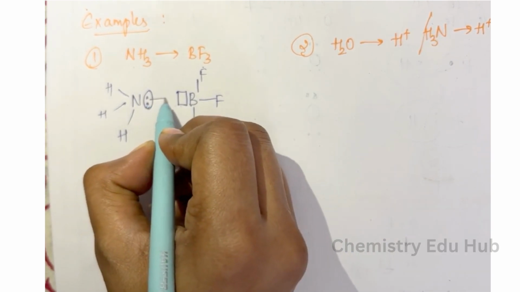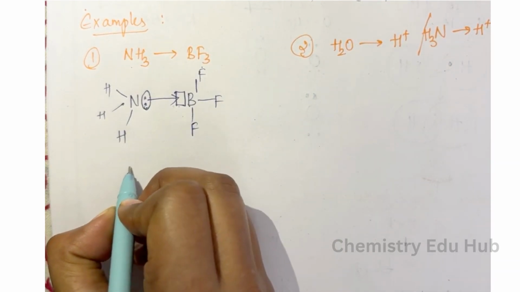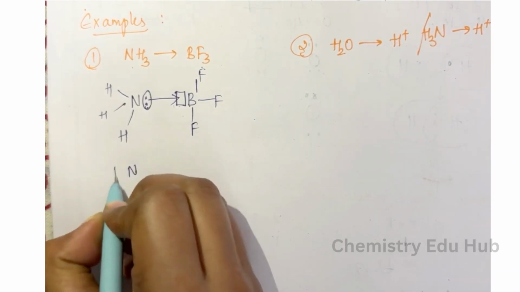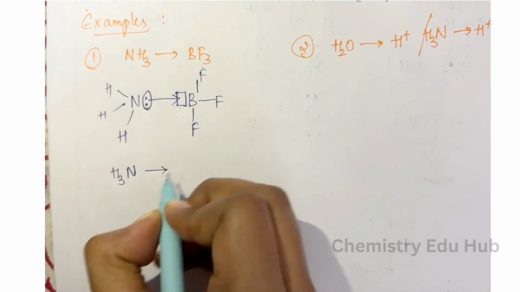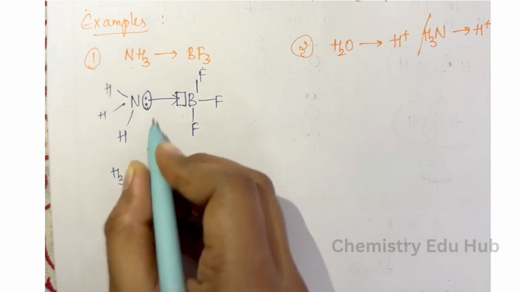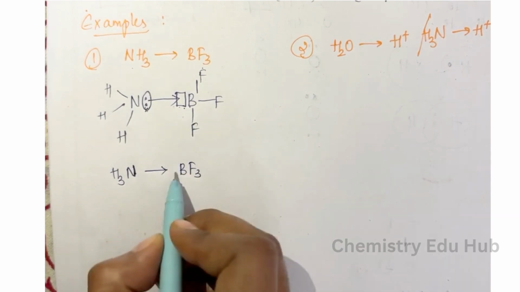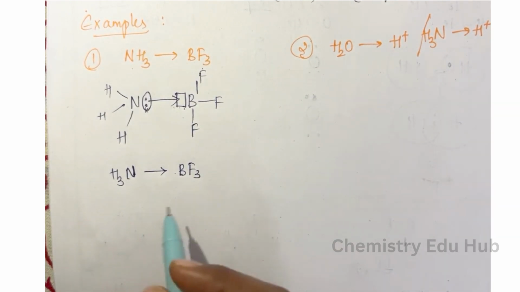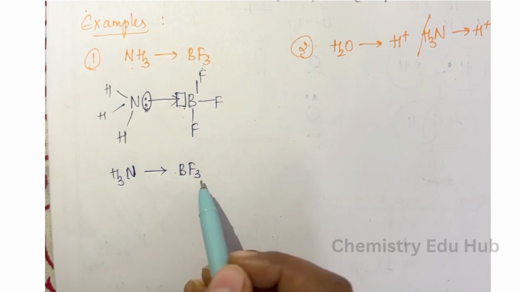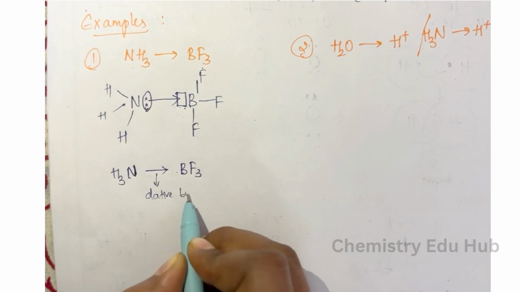So this electron pair will be donated to the boron. So hence, the bond is formed this way from nitrogen to boron trifluoride. Now nitrogen alone is giving 2 electrons, boron is giving 0 electrons, but both of them will share 1 electron each. Such bond is called a dative bond.